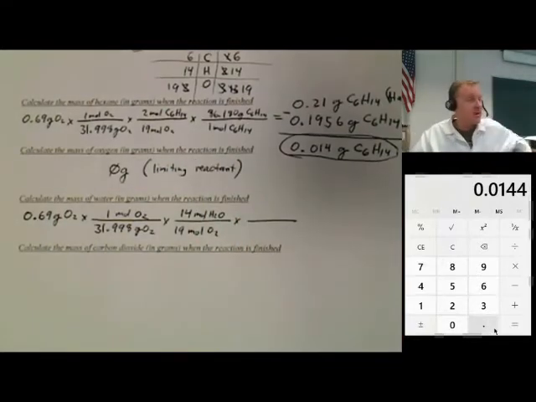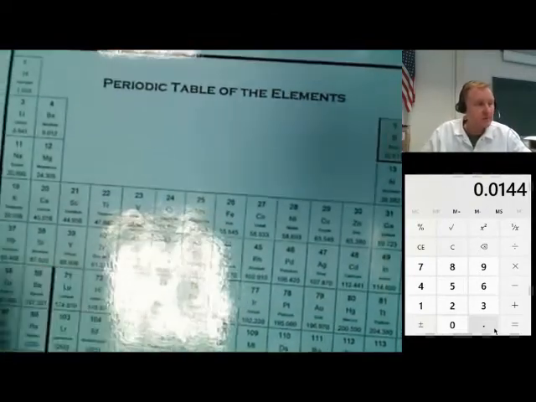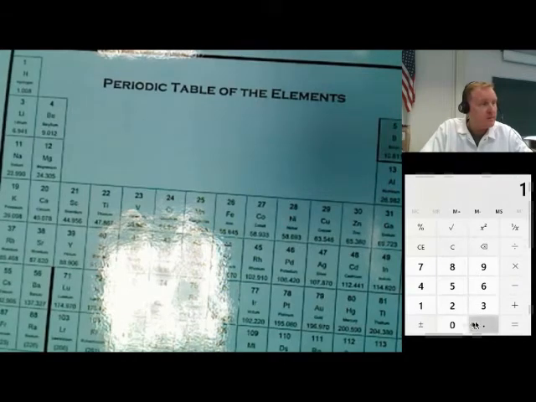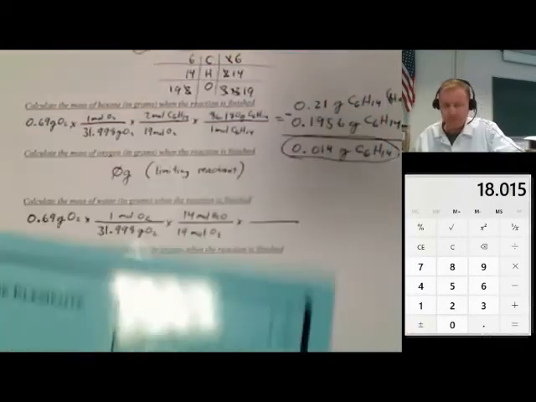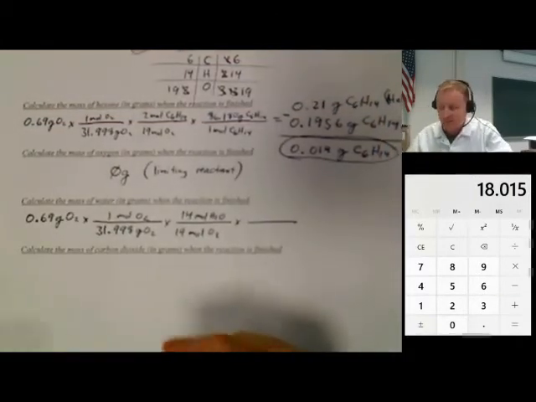The molar mass of water would be 2 hydrogens, which is over there, 1.009 times 2 plus 1 oxygen, which is 15.999, and that's our molar mass of water.